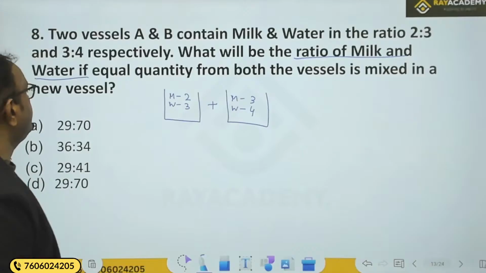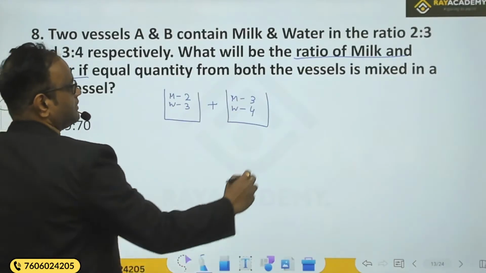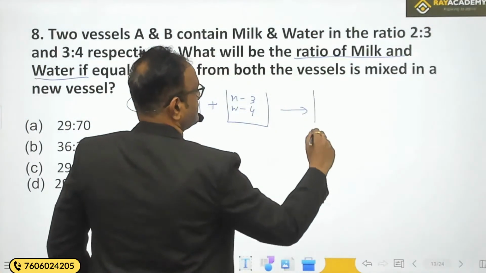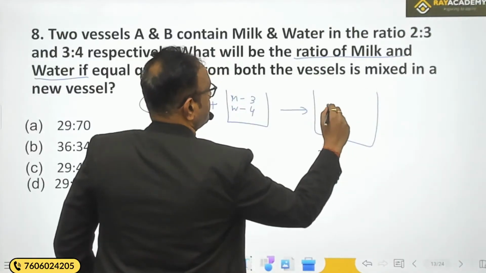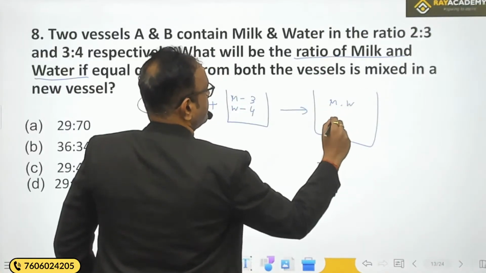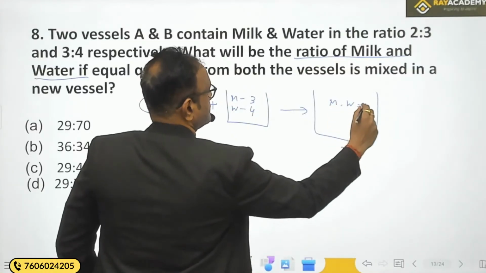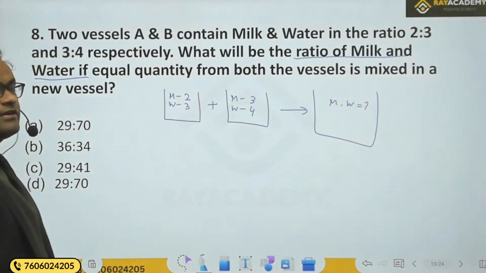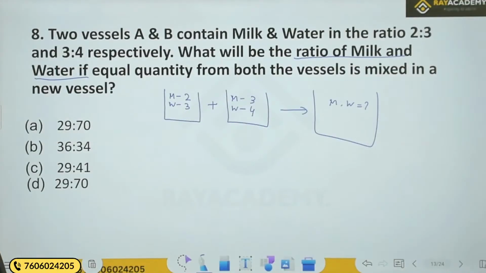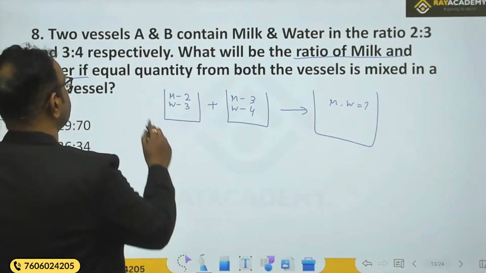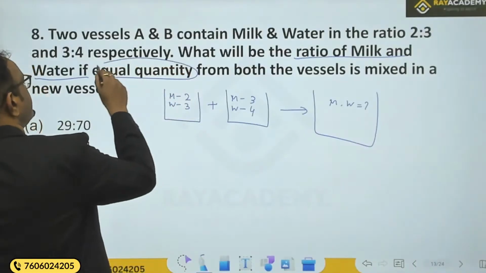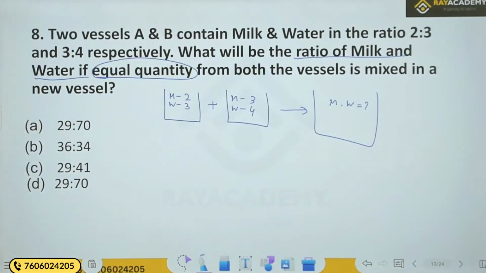Okay. And you are mixing them together. Then what is the milk and water ratio they are asking? And one more thing they have given, equal quantity. You have taken both the things in equal quantity.